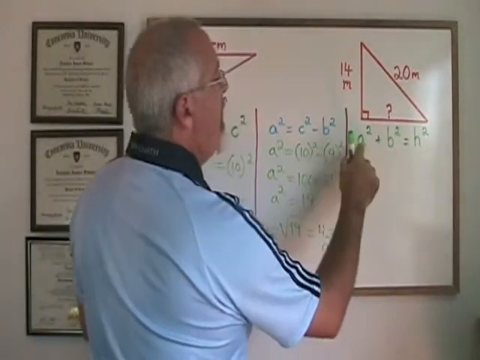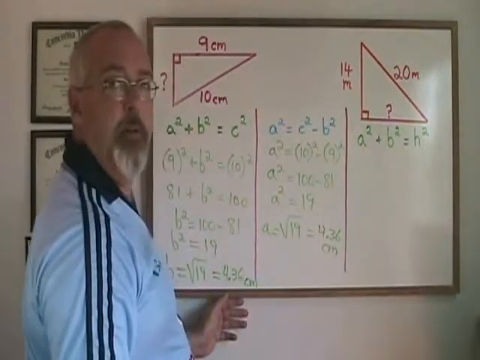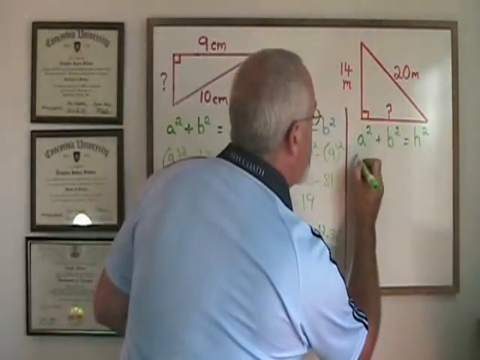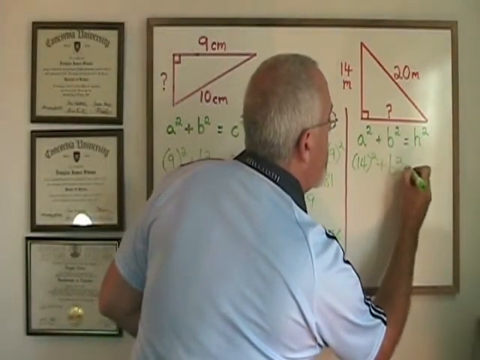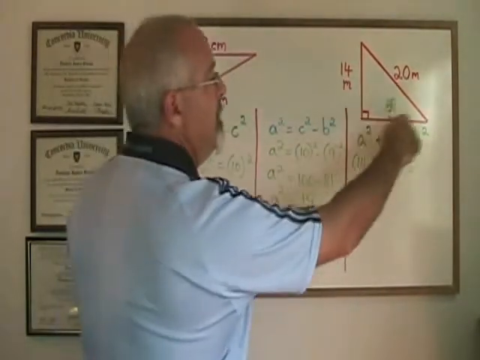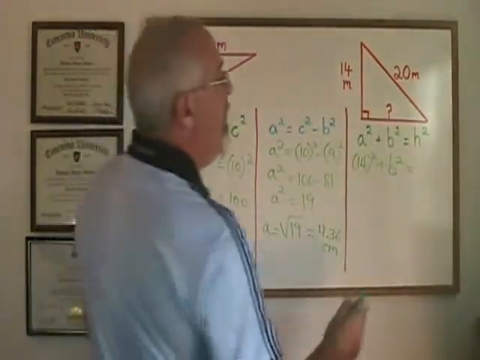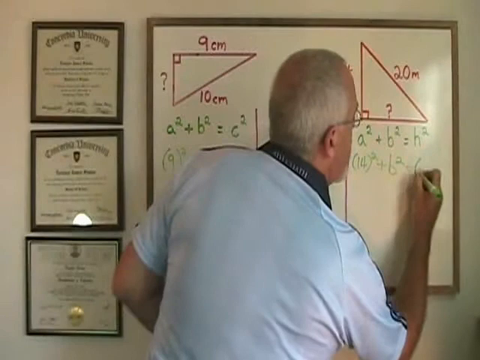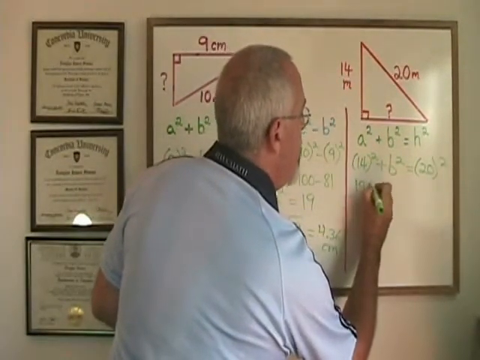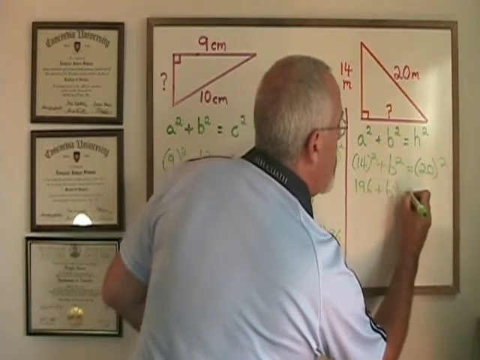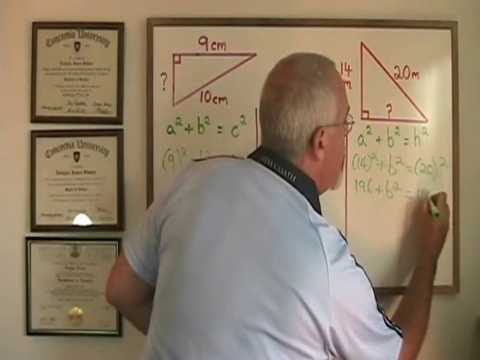I am going to make A equal to the 14 meter side this time, so A squared becomes 14 squared. B squared is my unknown and will represent the length of this side. And H squared is going to be 20 squared. 14 squared is 196, and 20 squared is 400.